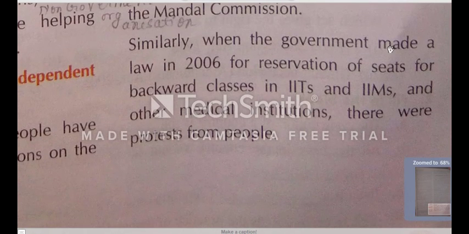Similarly, when the government made a law in 2006 for reservation of seats for backward classes in IITs and IIMs and other medical institutions, there were protests from people. The same condition started in 2006 when the government made a law for the reservation of backward classes. In management, in technology, or in medical, people also protested against it.